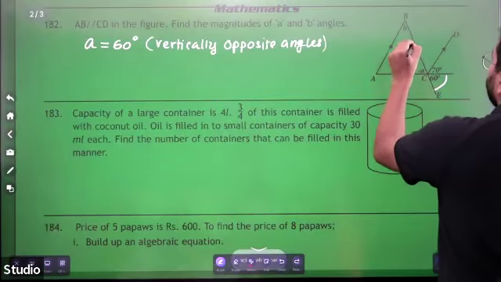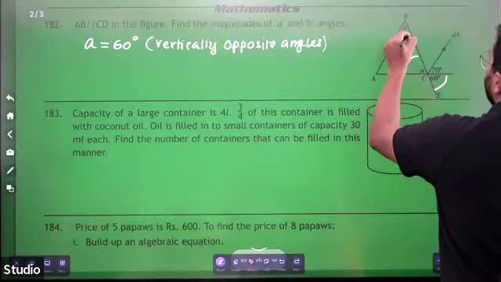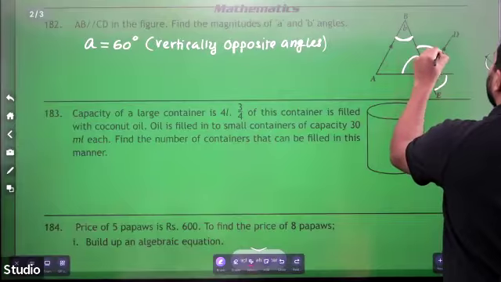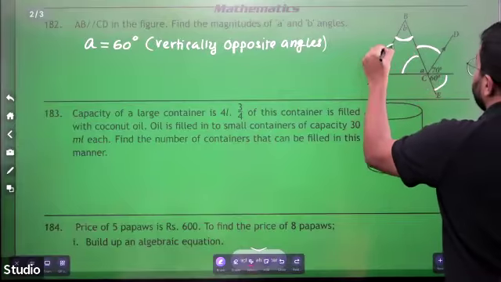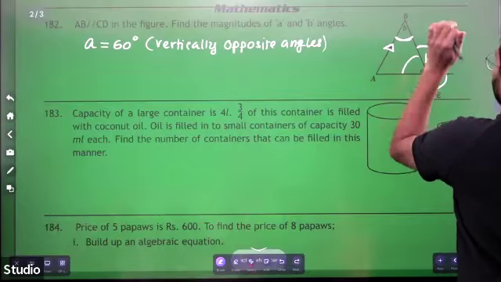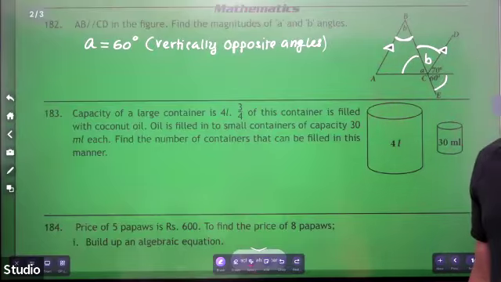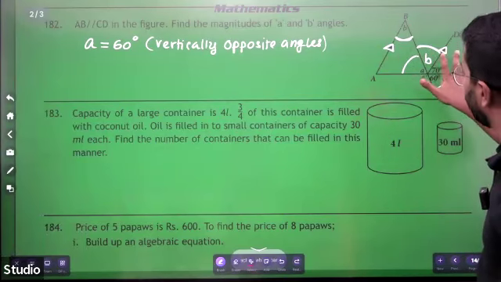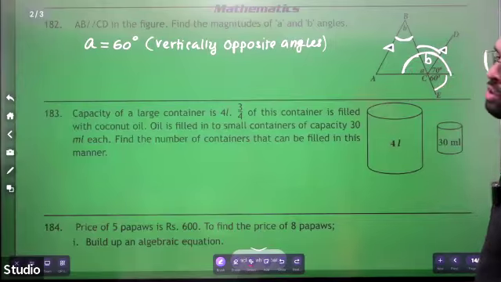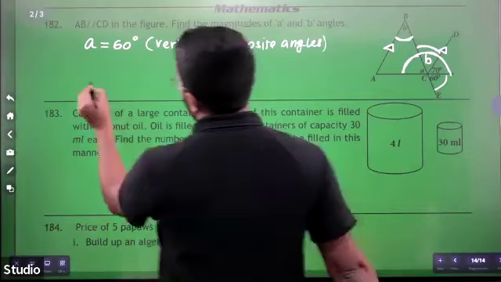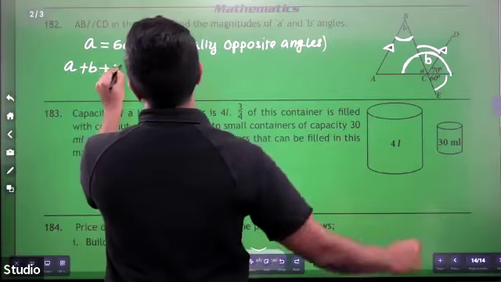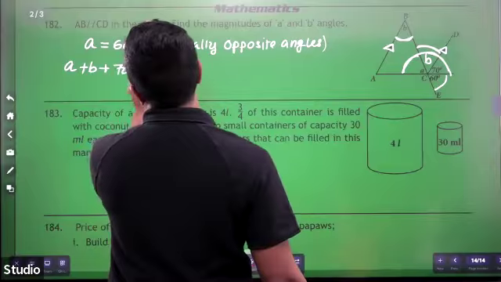Now it's asking us the magnitude of B. You have B here. Now if you take this angle, from the alternate angles, the magnitude of this angle also should be equal to B. So let me consider this angle and the magnitude as B. The sum of all the three angles should be equal to 180. We can write an equation saying A plus B plus 70 equals 180.